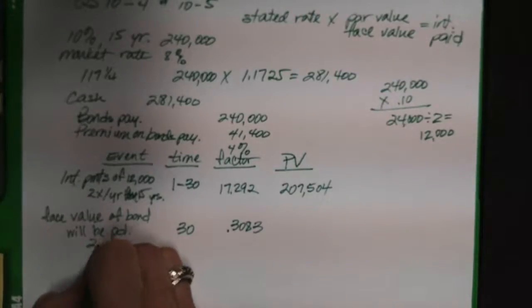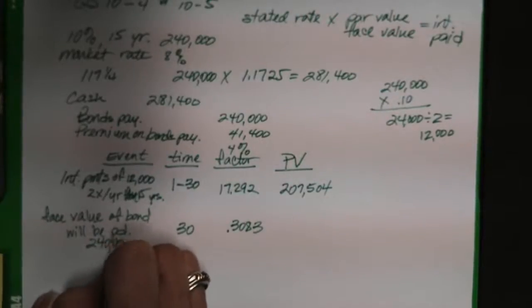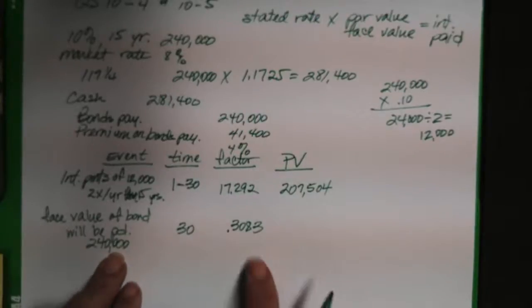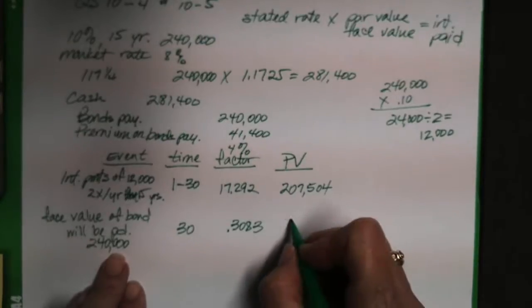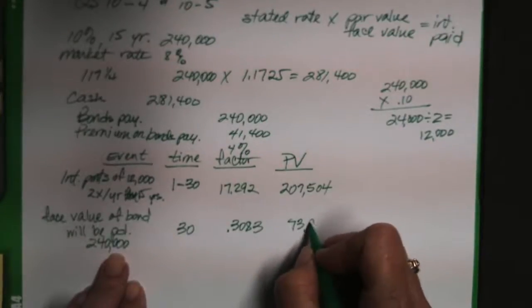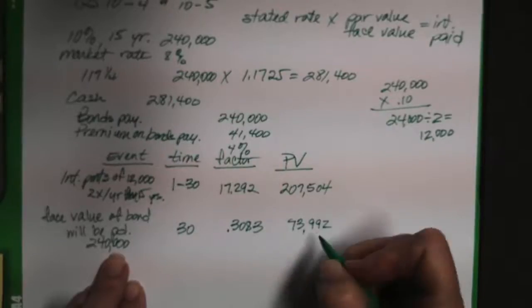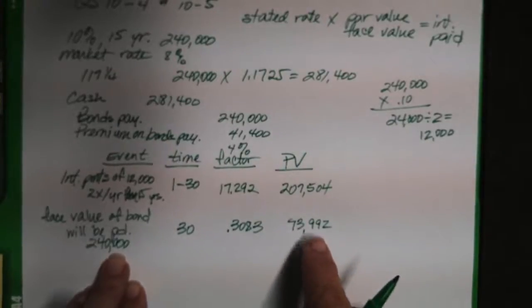So $240,000 will be paid back to the investors. What's the present value of that? Well, it's $73,992. Isn't that amazing? This should be a great lesson to you on why to start saving for retirement early.